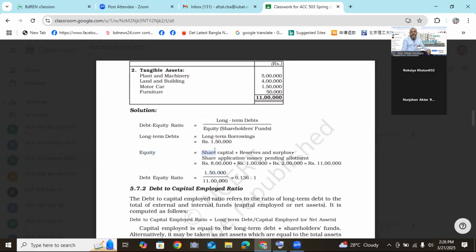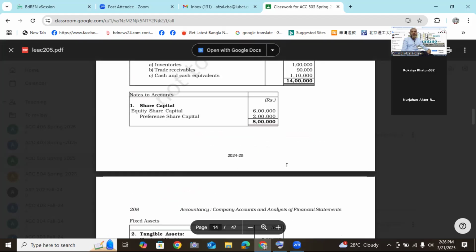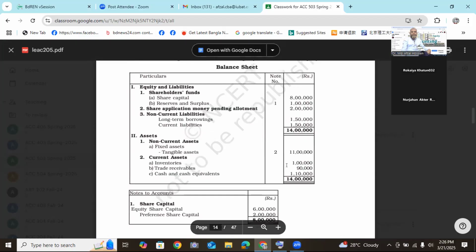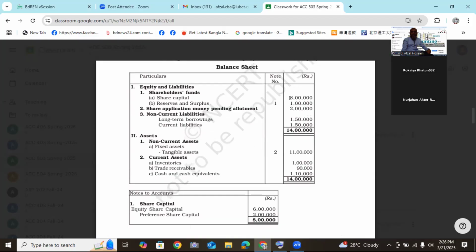Equity equals share capital, reserve and surplus, share application money pending allotment. Total 11 lakh: share capital 8 lakh, reserve 1 lakh, 3 lakh, and 2 lakh.